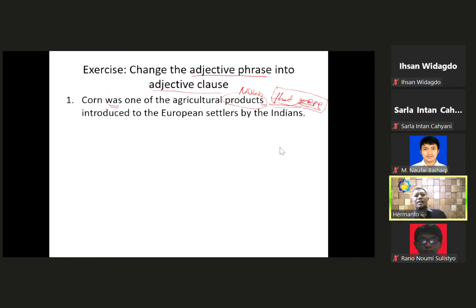One of the agricultural products that were introduced to European settlers by the Indian. So these are the missing words from the sentence. Do you understand, everybody? No answer? Silence means yes.